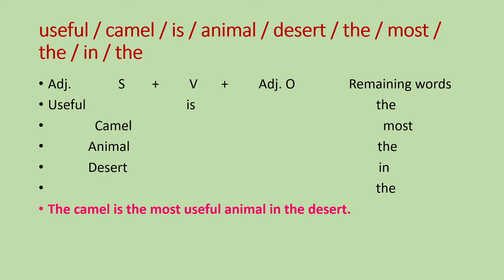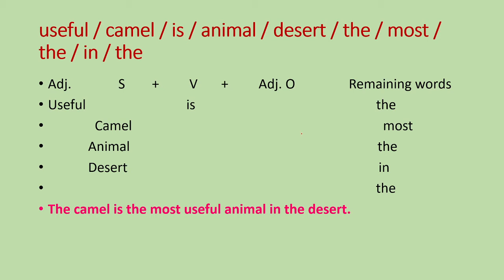So we can see from here that this is some sort of sentence. It will begin like this. So camel is a useful animal. Then there is the word desert also. Then we have these remaining words, in the, so in the desert. So camel is useful animal in the desert.